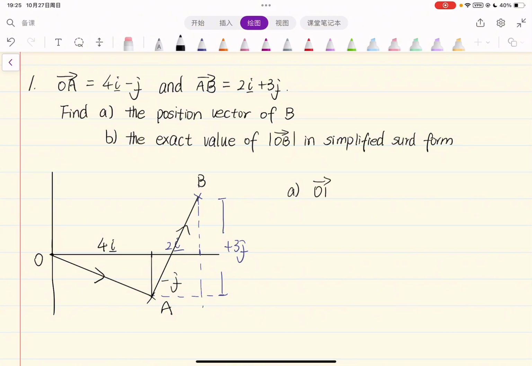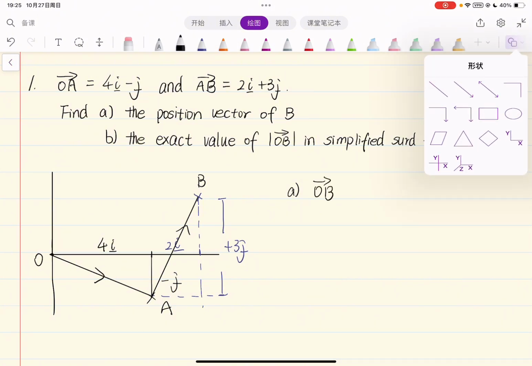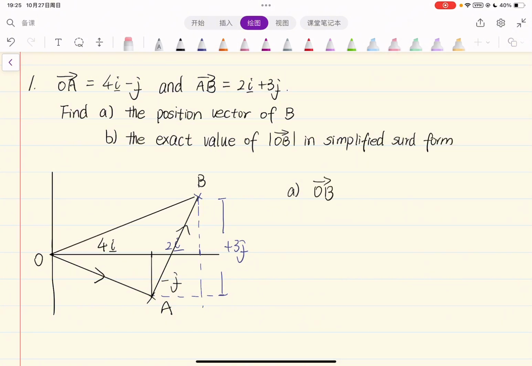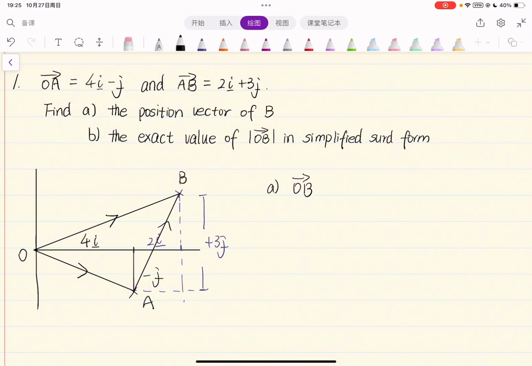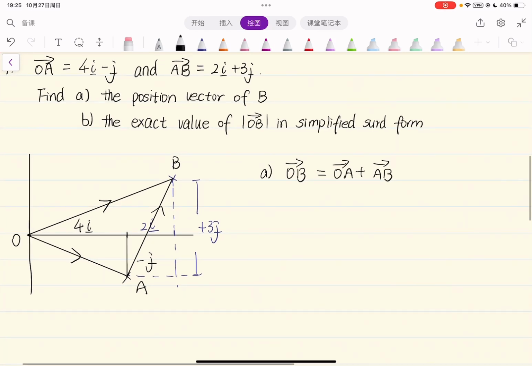Now we can link the OB. You need to find that the vector OB equals the vector OA plus the vector AB. The vector OA equals 4i minus j, so we can write it in column vector form, that is (4, minus 1).